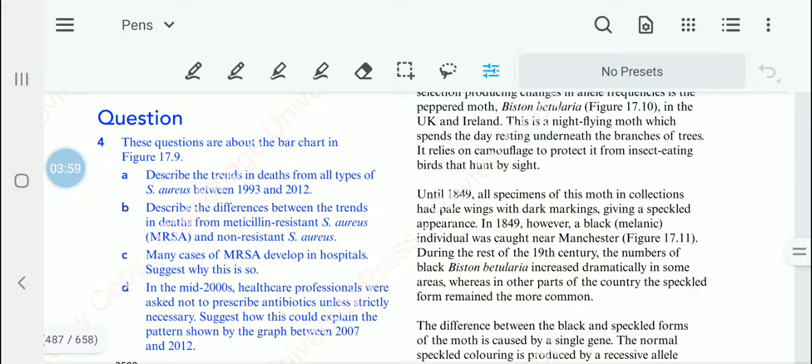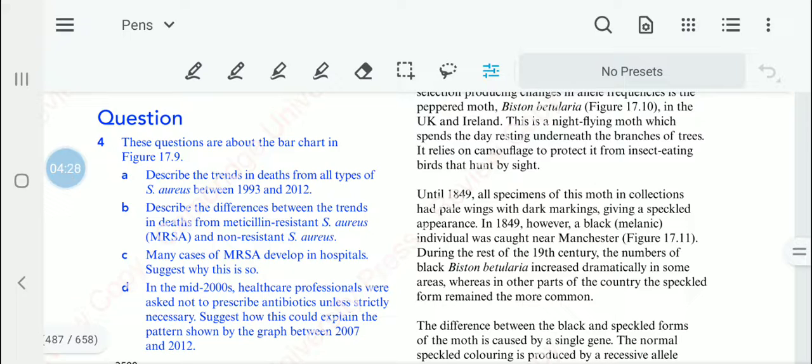Now, after 1849, at the middle of the 19th century, a black, that is melanic, that is high in melanin, moth was found, and from there on most of the moths that were found were melanic.